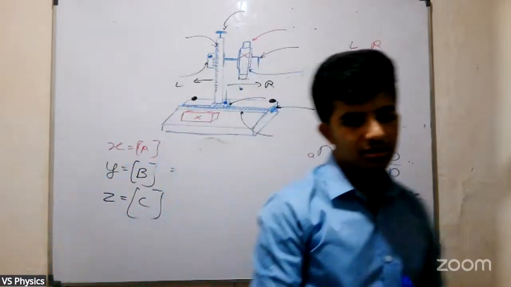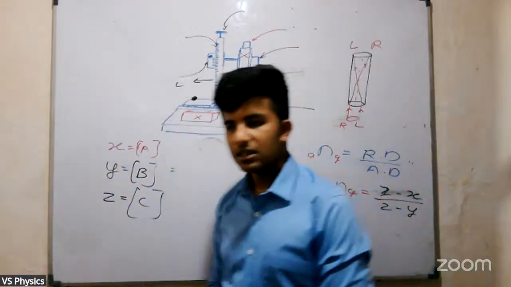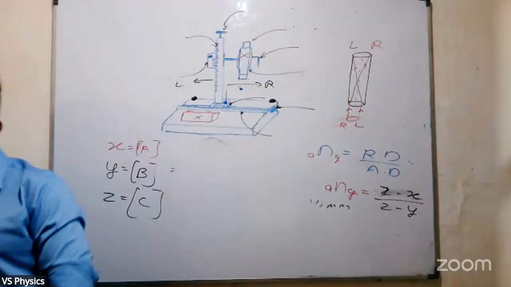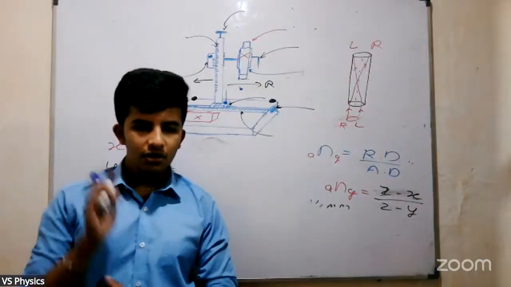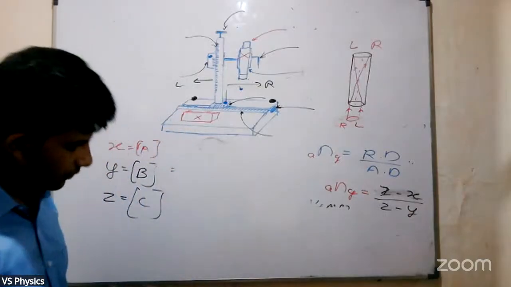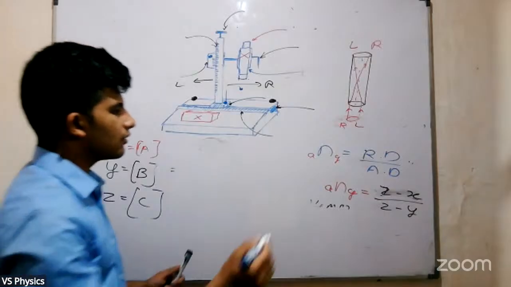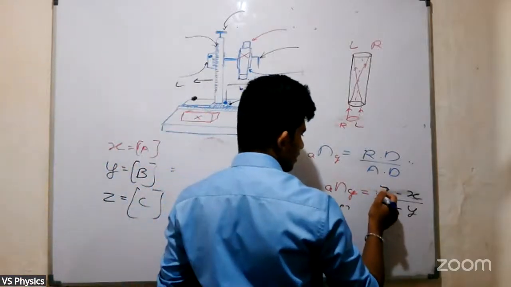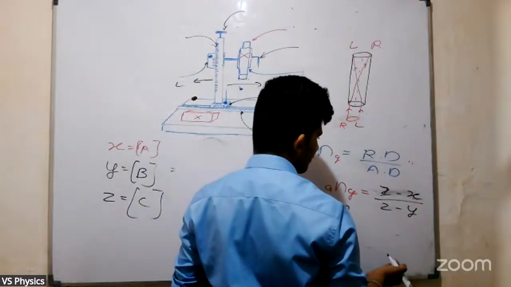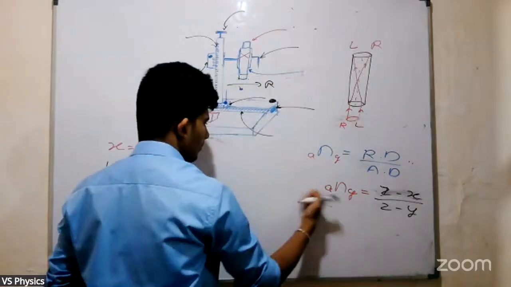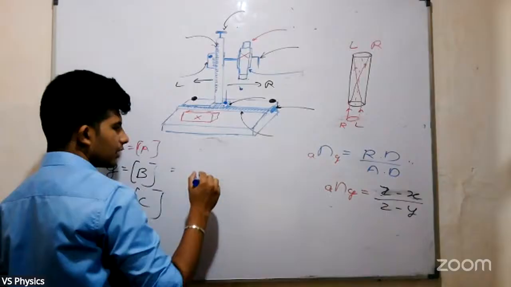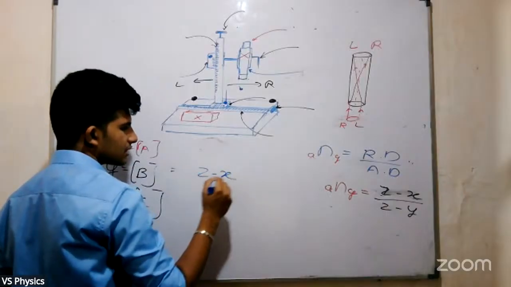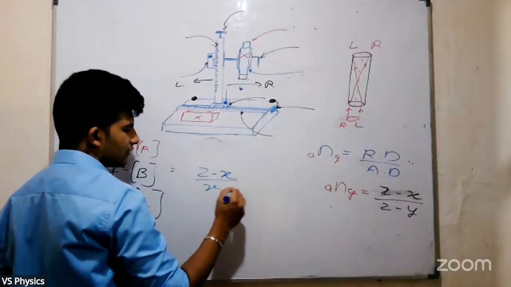That's all. Then we have some other special points when finding refractive index. First thing is z minus 8 divided by z minus 1.